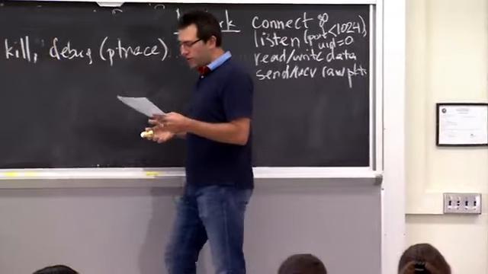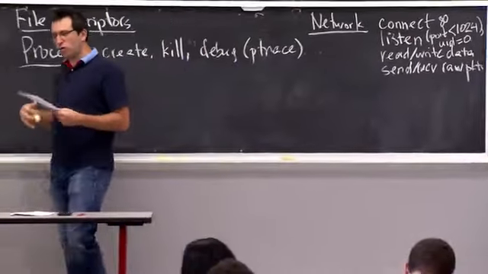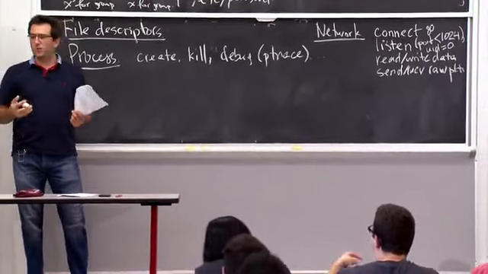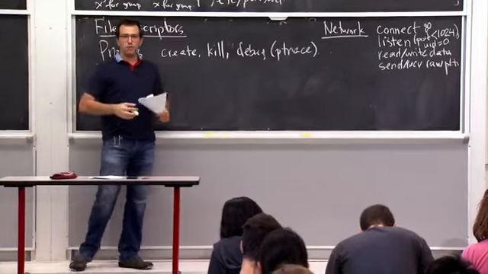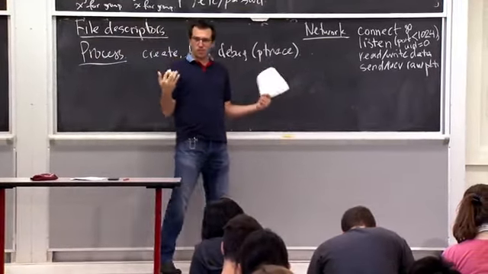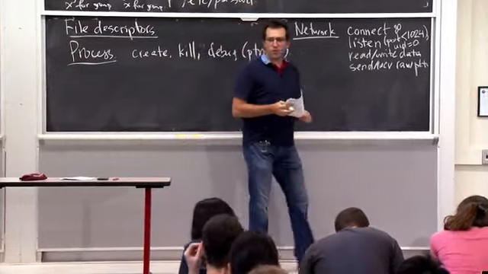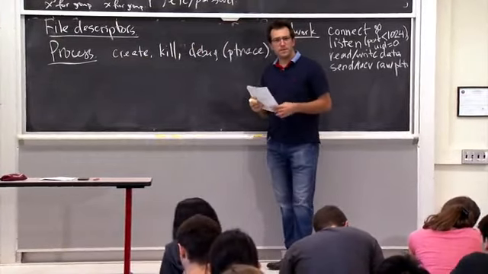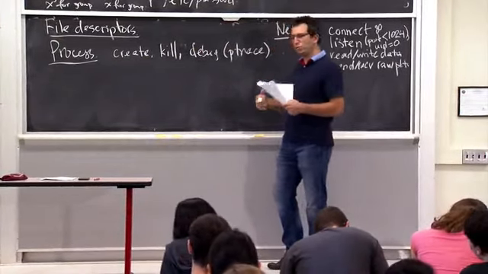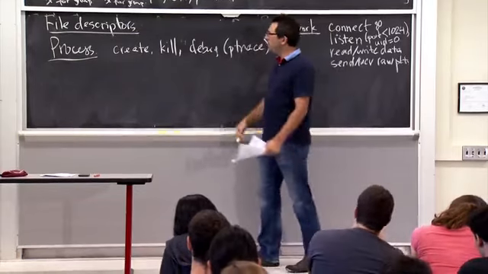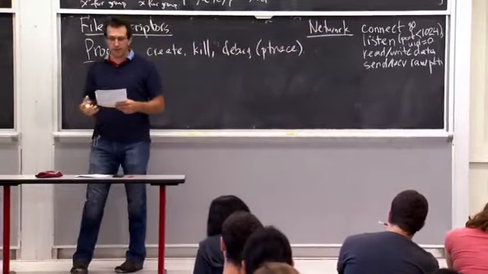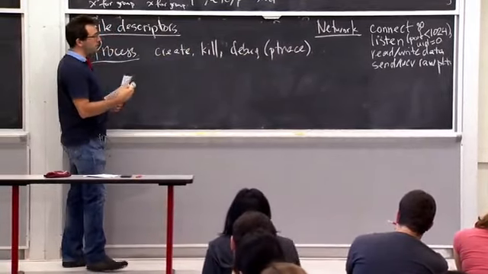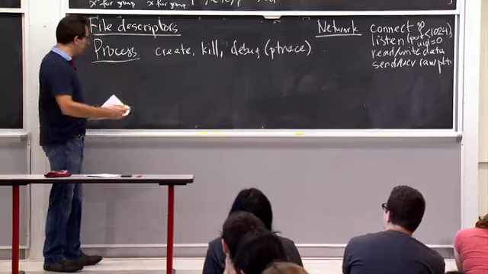OK, so one interesting question we could try to ask is, where do these user IDs come from? So we talked about processes having a user ID or having a group ID. And if you run ps on your machine, you probably see lots of processes with different UID values. Where do these come from? So we need some sort of mechanism to bootstrap all of these user ID values. And the way it works in Unix, at least at the mechanism level, is that there are several system calls for doing this.